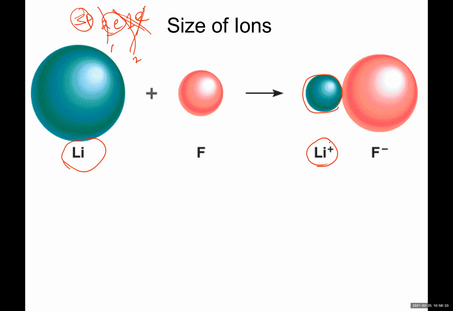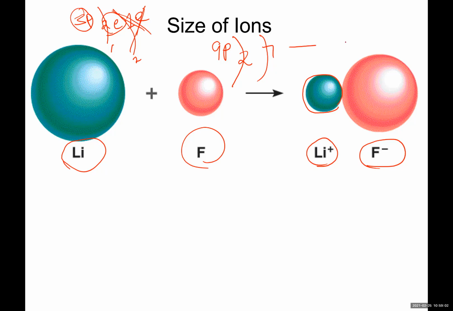And fluorine, you obviously see, is gaining an electron. Can I say addition of 1 electron is going to increase the repulsion between the electrons? See, this is fluorine: 9 protons, 2 electrons, and 7 electrons.